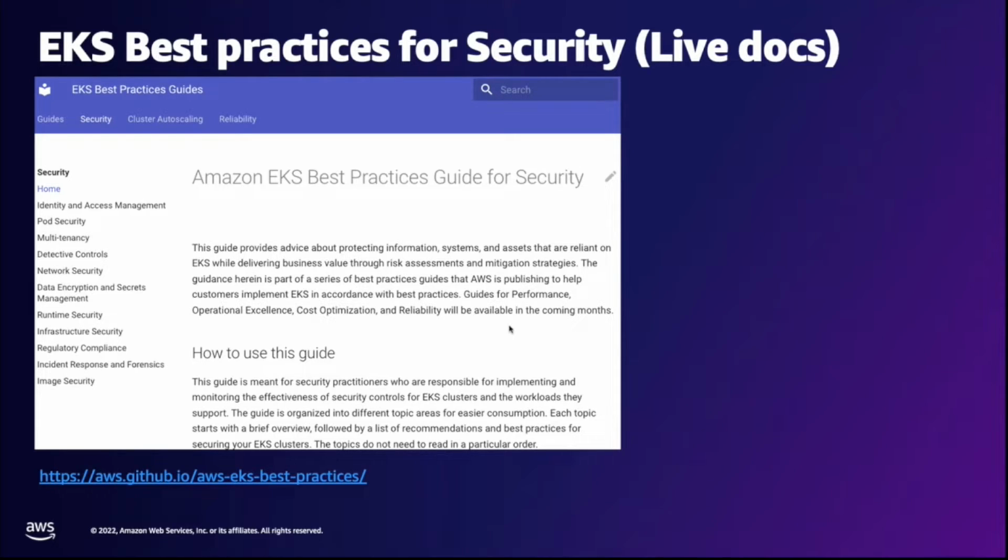It provides security best practices from different lenses like networking, data encryption, infrastructure, and image security. I tried to summarize everything, but this is more comprehensive, and you can learn more from it.